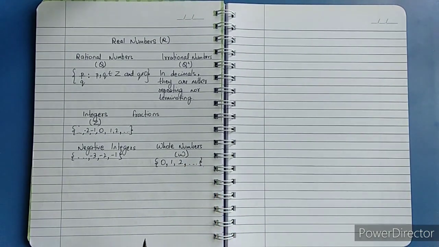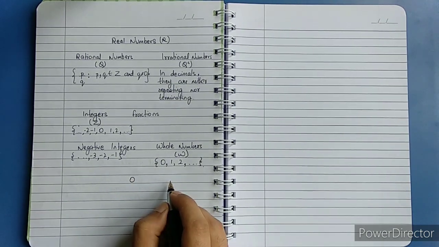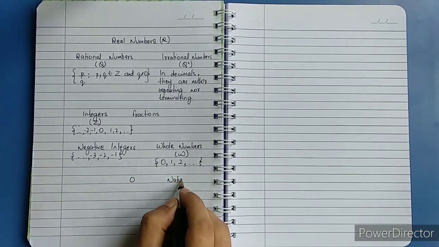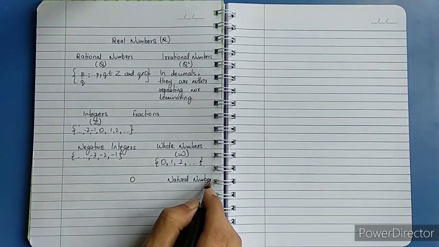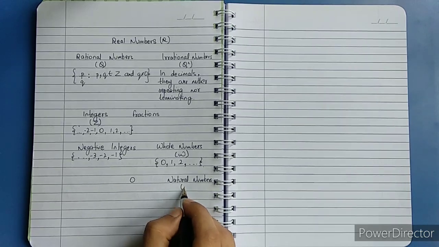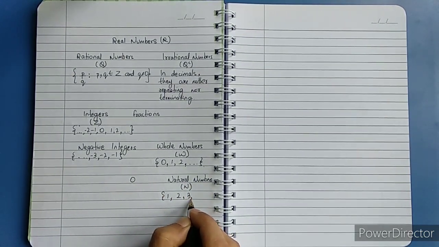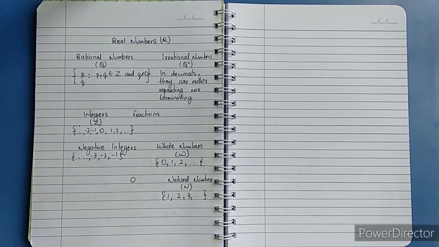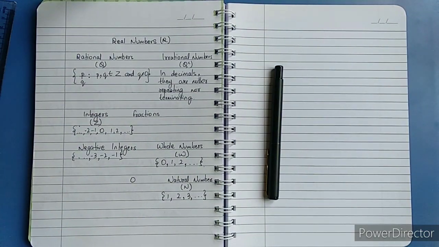Now whole numbers are further divided into two categories, either 0 or natural numbers. Natural numbers denoted by N consist of 1, 2, 3 and so on. So this is our hierarchy. Hierarchy basically means classification.